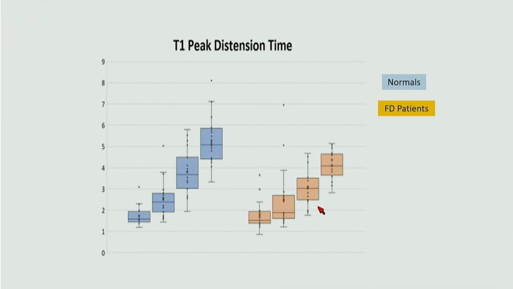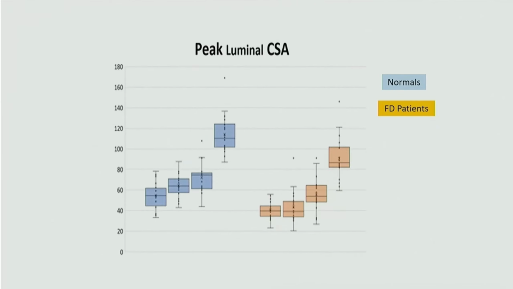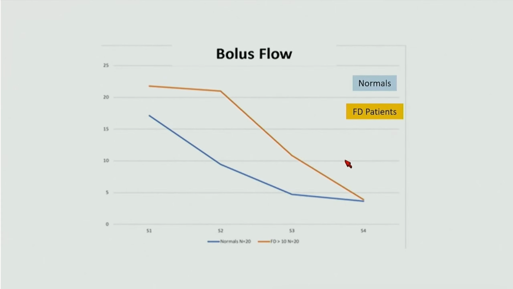But T1, if you segment the esophagus into 4 points, from the proximal to the distal, is lower in the functional dysphagia patients. As to cross-sectional area, normals have higher cross-sectional areas compared to functional dysphagia patients, and the flow was higher in functional dysphagia subjects compared to normals.